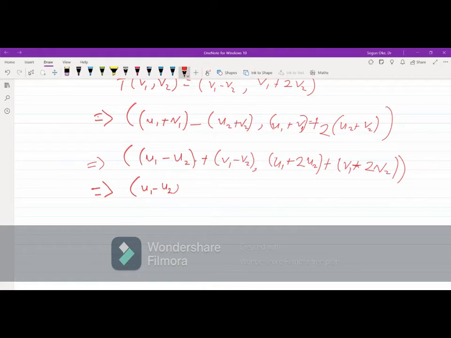Once you can prove the two axioms, that means the whole properties hold and the transformation is linear. So that is the essence. It's not about moving from one space to another. In this case, the question does not ask us to move from one space to another.